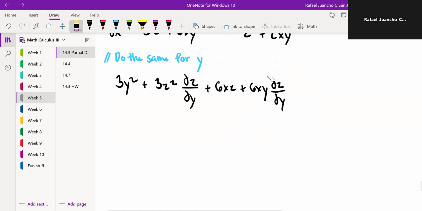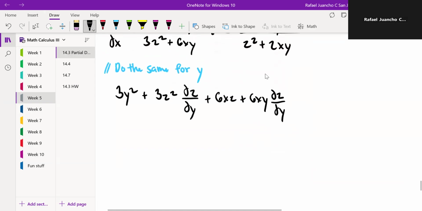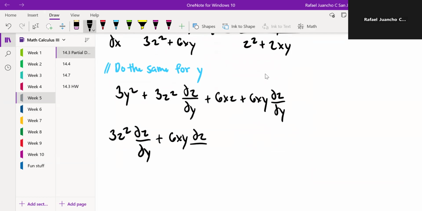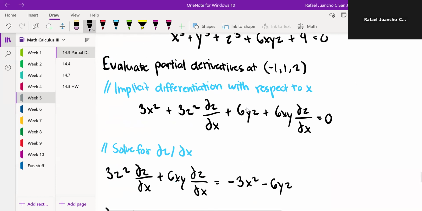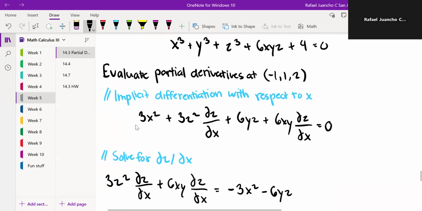And that's how implicit differentiation works. And then from here, we can just isolate. So we get 3z squared. I'm putting all of the terms that have partials on one side, just like the one I did in the previous one. Why? Because I can. Did I miss something? I think I missed something.